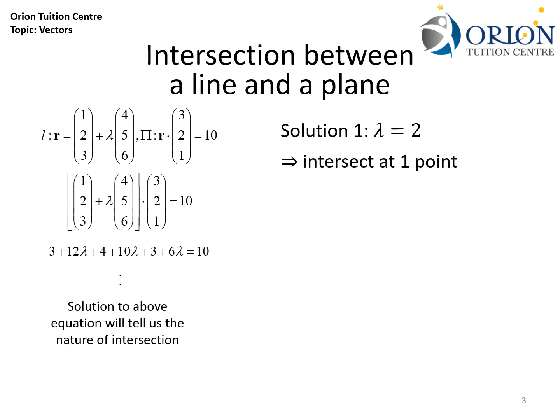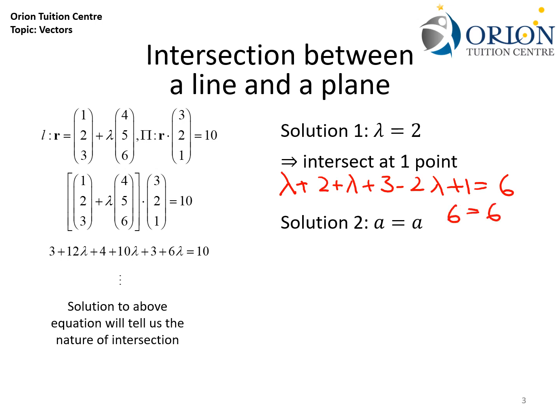If the equation reduces until you get equal constants on both sides of the equation, for example, we can have the equation of lambda plus 2 plus lambda plus 3 minus 2 lambda plus 1 equals 6, which can be simplified into 6 equals 6.